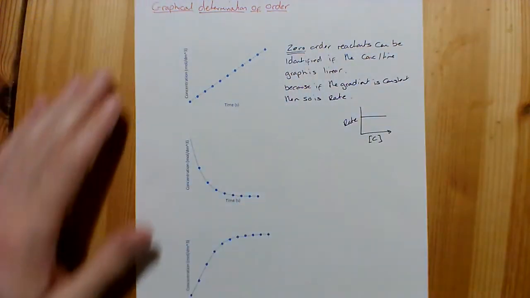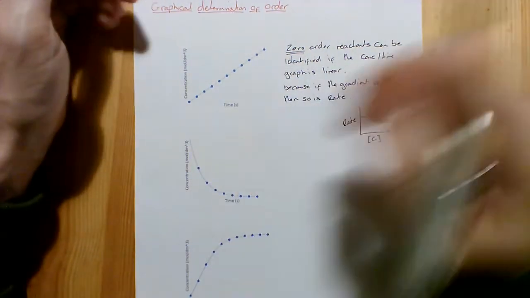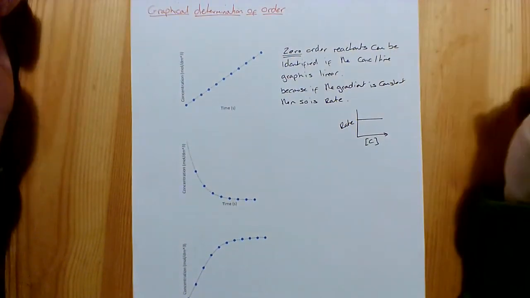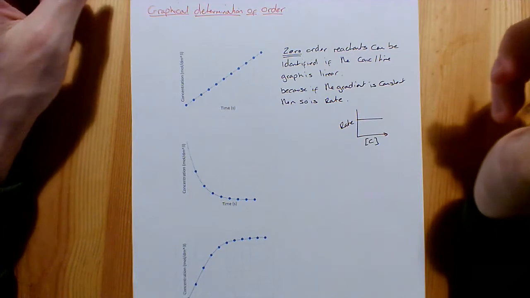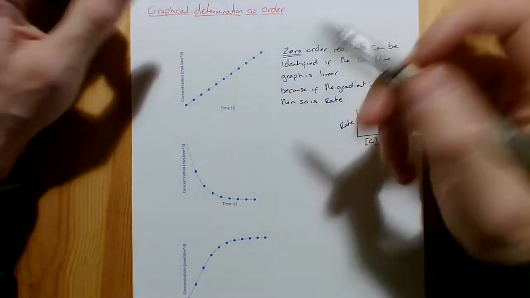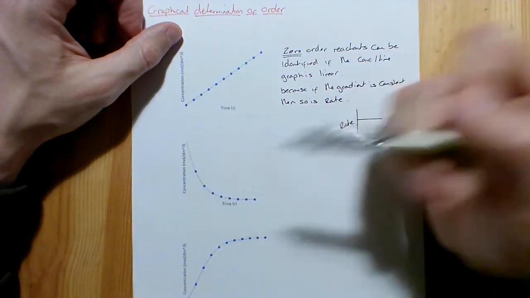So this one here is a first order reactant, and there are two ways of proving that from the graph. Now, number one is we're going to look at the relationship between the concentration and the time.